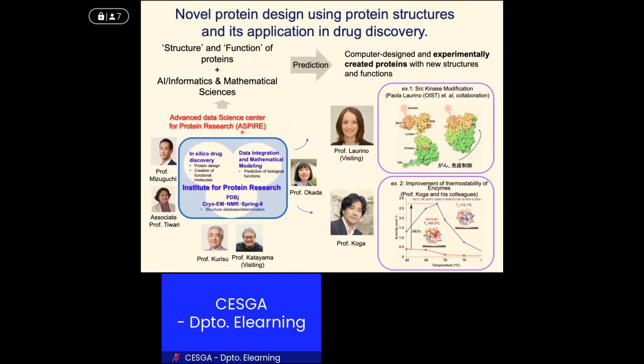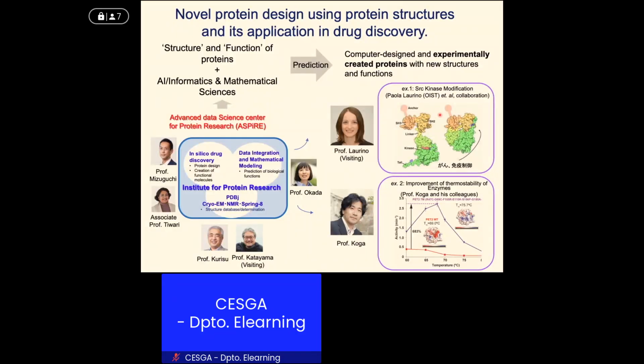And the good thing about our institute is that we can truly make a protein based on computational prediction. So right now we have Paola Laurina, a visiting professor from OIST in the southern part of Japan, and Professor Koga, who is really an expert in de novo design of proteins.